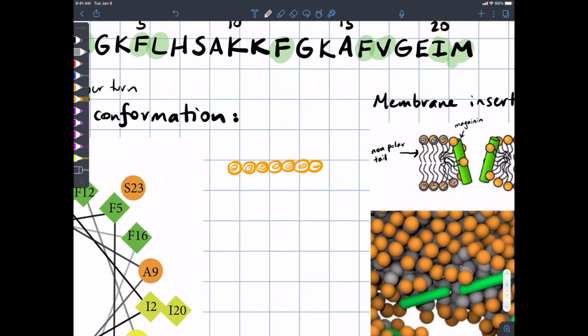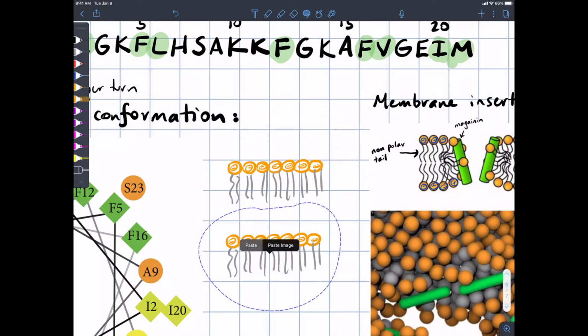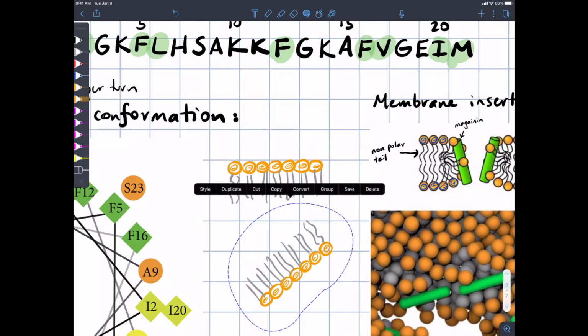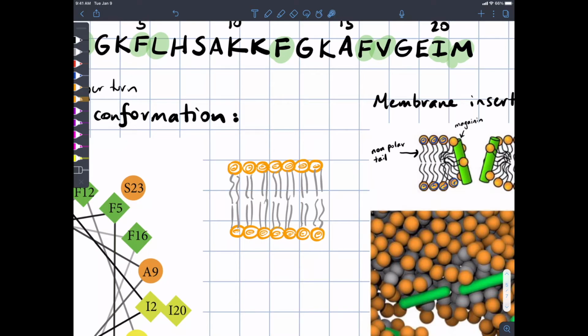And then you have the non-polar tails that are in the interior. And so if you wanted to have something that could bind to the membrane and disrupt it, you would want a molecule that could interact with both the polar head groups that are negatively charged and the nonpolar interior.